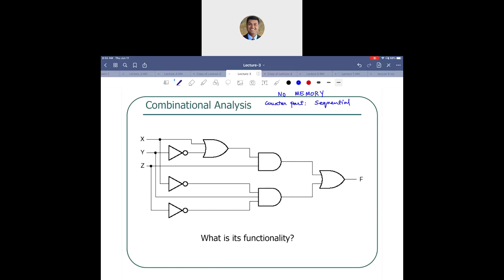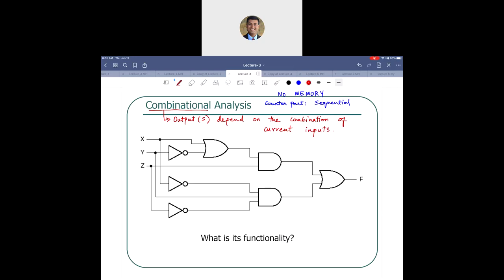How do you define combinational analysis? Where is the word combination coming from? This is how. For combinational, the definition is: the output or outputs, there might be many, depend on the combination of current inputs. So you tell me the combination of the inputs.